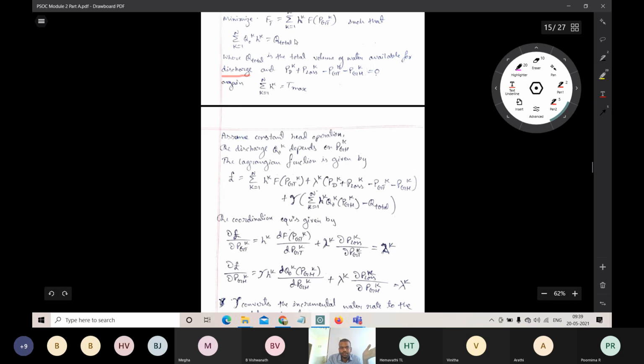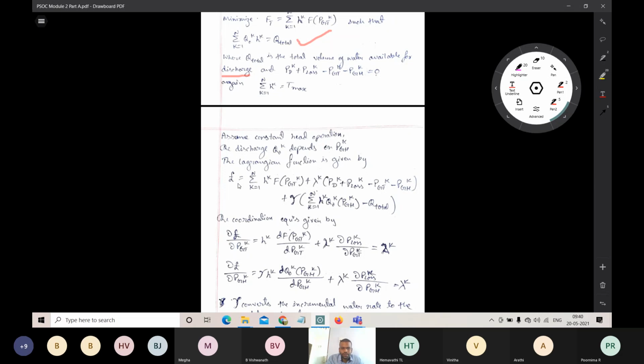So this is the thing. I am just using the above four constraints in the Lagrangian equation. There is nothing else, just the above constraints. So the procedure is the same again.